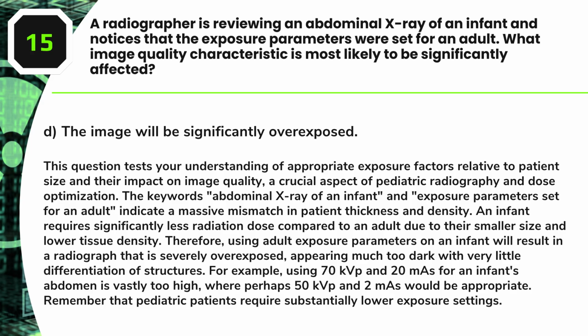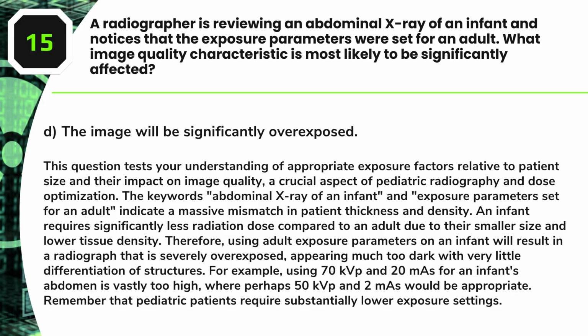The keywords abdominal X-ray of an infant and exposure parameters set for an adult indicate a massive mismatch in patient thickness and density. An infant requires significantly less radiation dose compared to an adult due to their smaller size and lower tissue density.